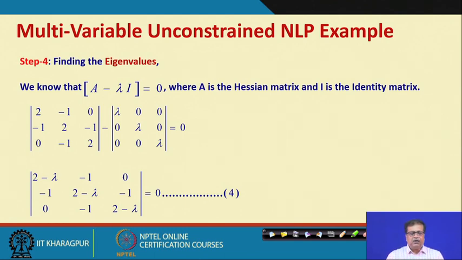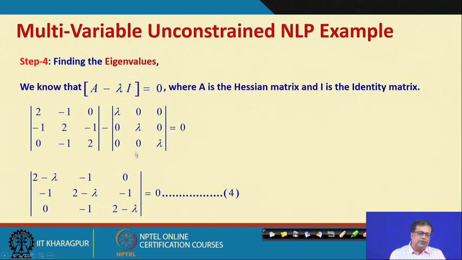Now, once we have found the Hessian matrix, let us try to find the eigenvalues. So, eigenvalues, again this is our Hessian matrix. What we have to do is take A minus lambda I equal to 0, that is our characteristic matrix, and this gives a characteristic equation.